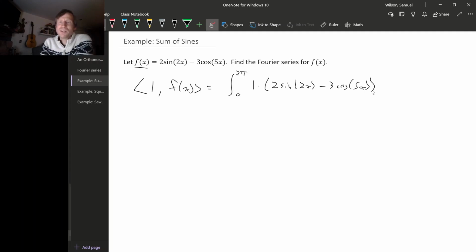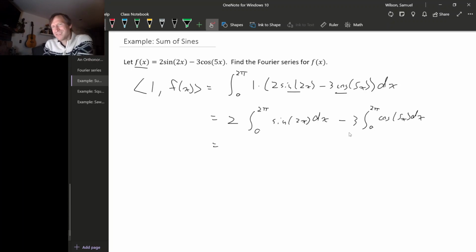And then, for each one of these integrals, we're going to have to do some messy stuff to compute what this integral is. For this particular integral, since this function is built out of sines and cosines, we can tear things apart so it looks like this: 2 times the integral from 0 to 2 pi of sine 2x dx, minus 3 times the integral from 0 to 2 pi of cosine of 5x dx.